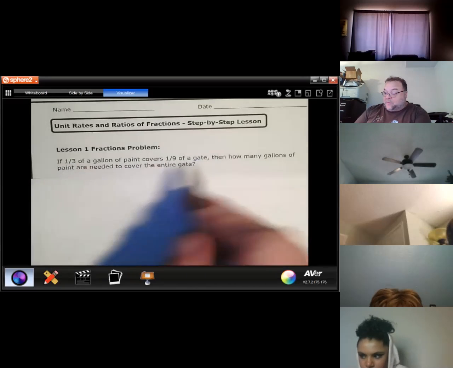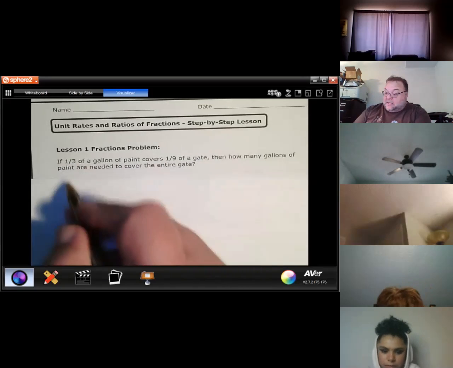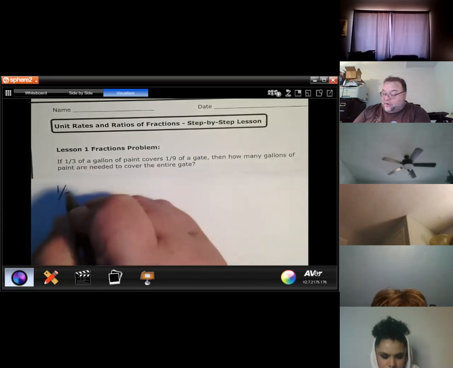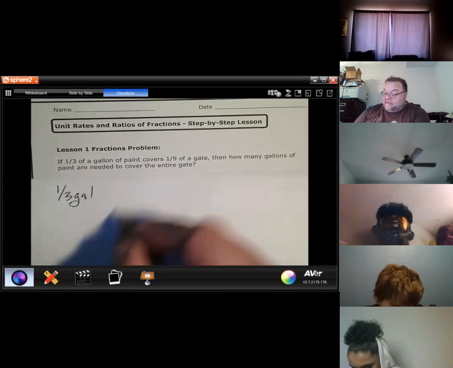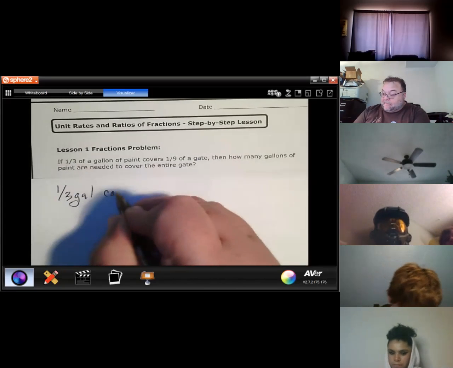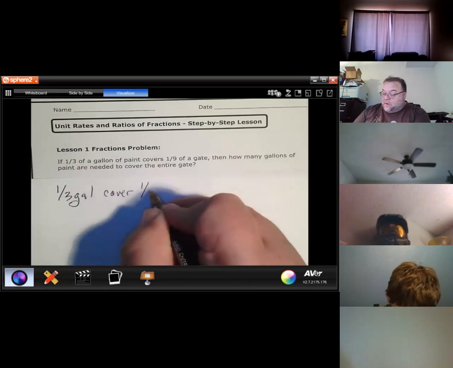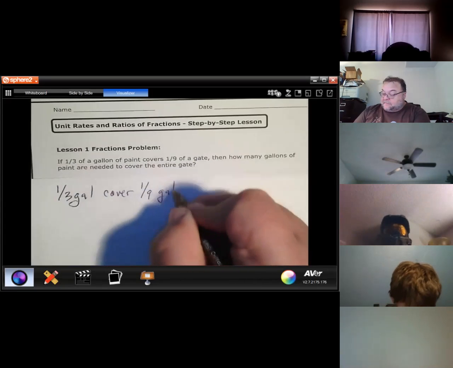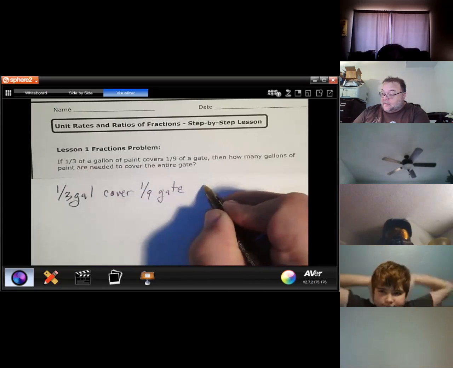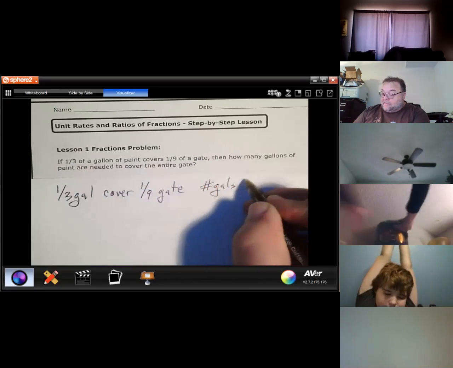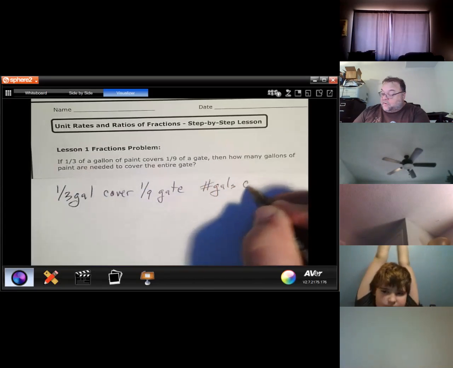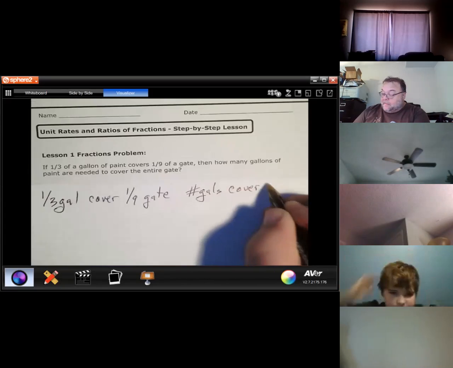We're going to read it again. We're trying to find out how much paint. So if 1/3 gallon covers 1/9 of a gate, so number of gallons for cover one gate.